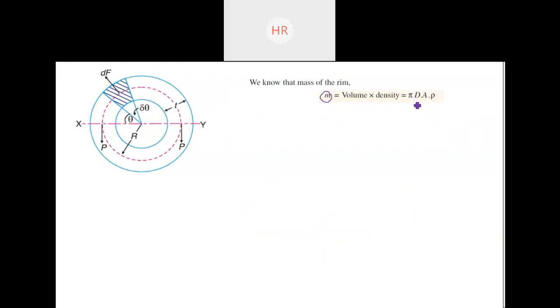Volume is pi into diameter into area, multiplied by density. That will give us the total mass of the rim. If we manipulate this equation, then we can write A is equal to m divided by pi d into rho. From this equation, we can find the cross-sectional area required for a particular flywheel.